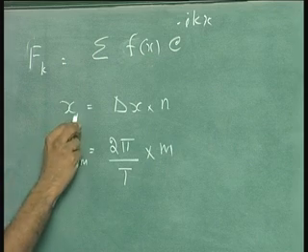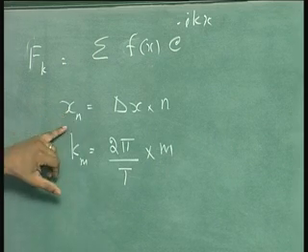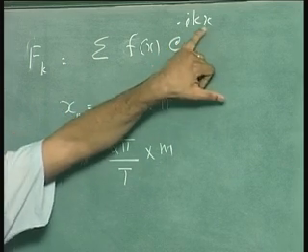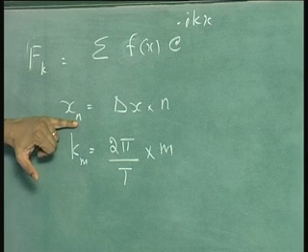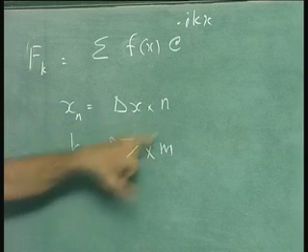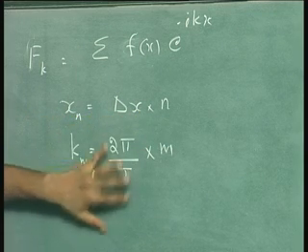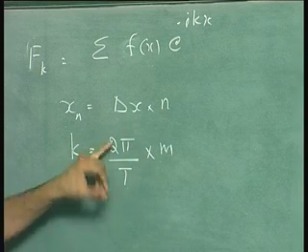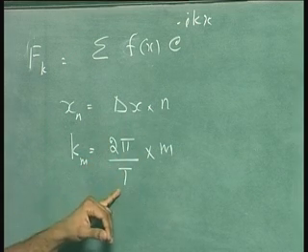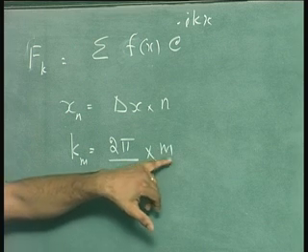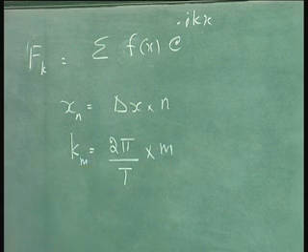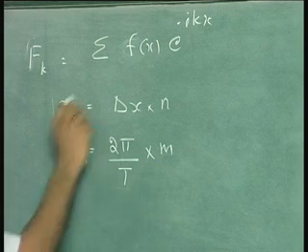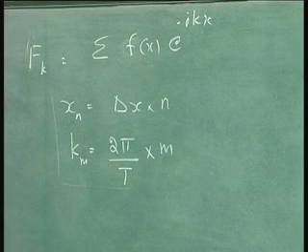So we are going to replace the continuous variable x by a discrete variable xn, which is delta x into n, and km by the smallest k vector which we can get, which is 2 pi by the total interval multiplied by an integer m. We have these two discrete values, and that's what we are going to substitute.